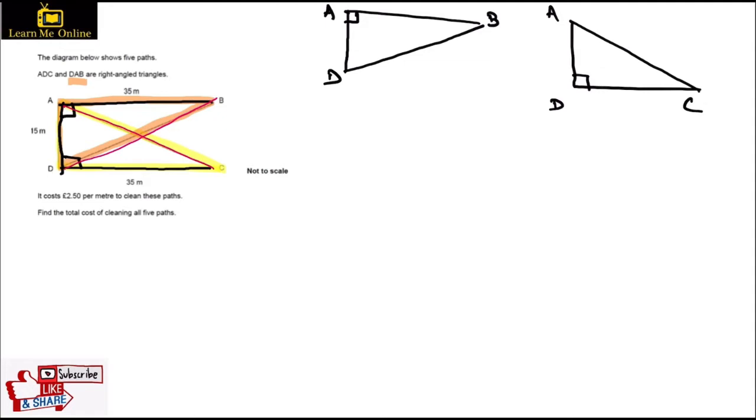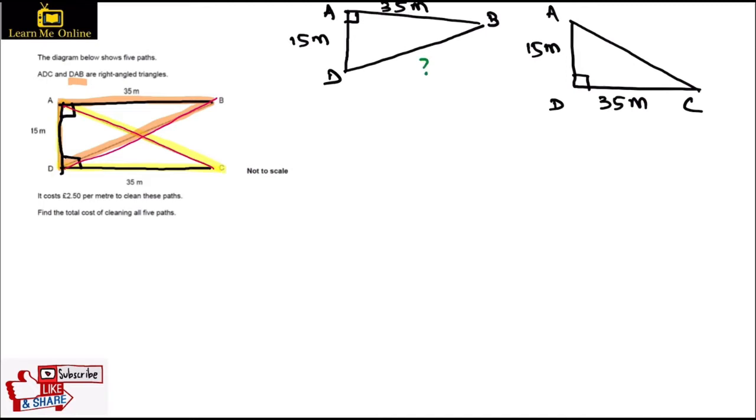A to D is 15 meters, D to C is 35 meters. And AD is a common length, so this is 15 meters as well.